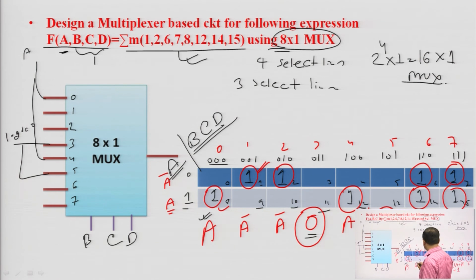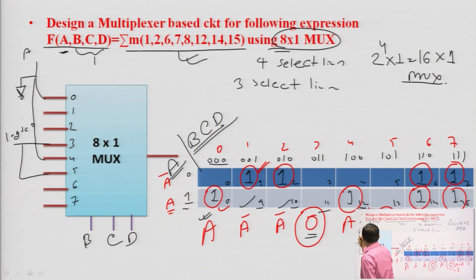Then A bar is 1 and 2. 1 and 2 is A bar, so here we can put A bar at 1 and 2. Now, 6 and 7 is connected to logic 1.